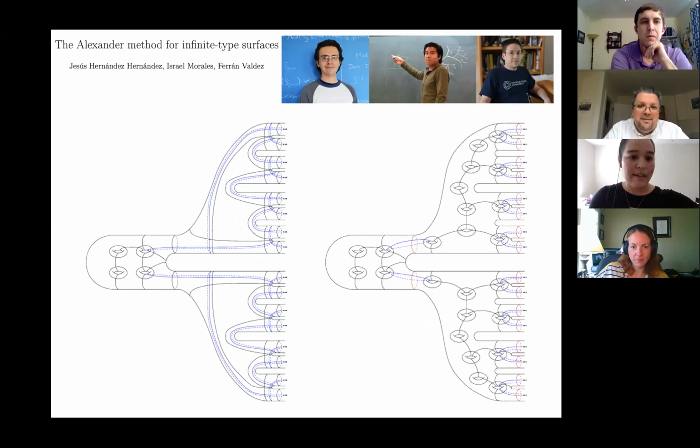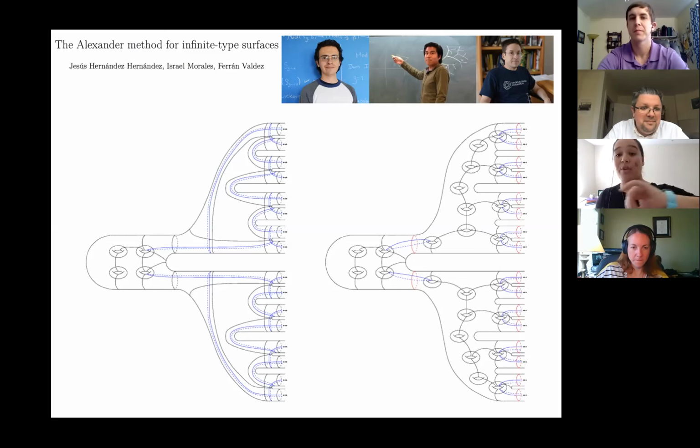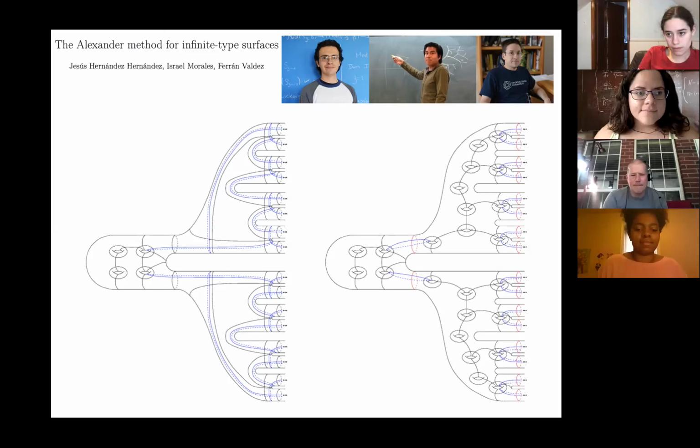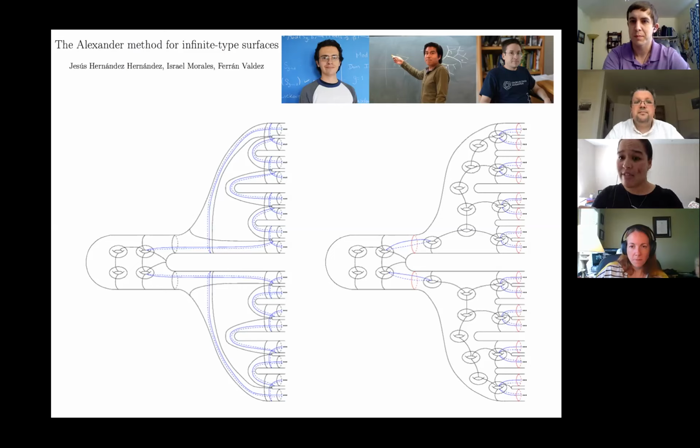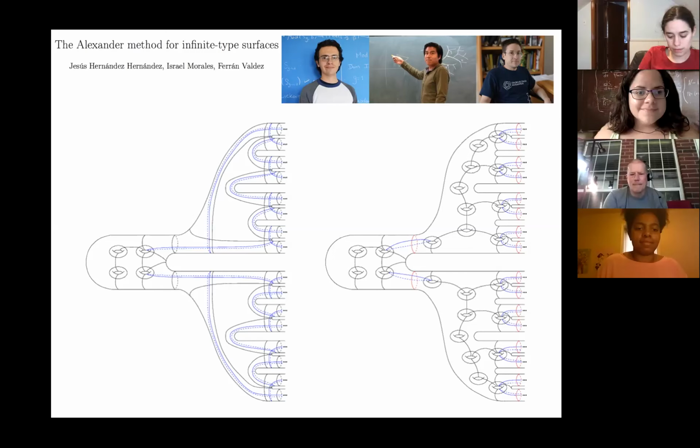Here on the left, they have a surface which has finite genus actually. But then as you go off, you have an infinite amount of punctures because you're doing an infinite amount of branching. So actually you end up with a whole Cantor set of punctures. And then on the right, we get something that has both infinite punctures and infinite genus. Okay.